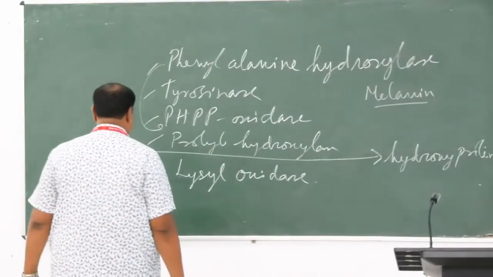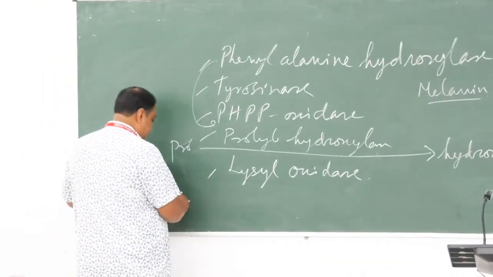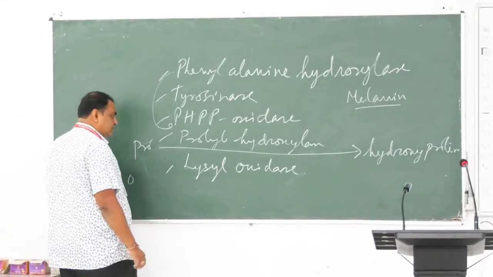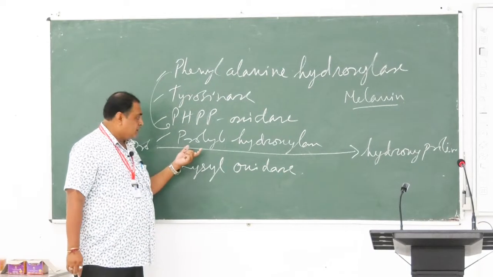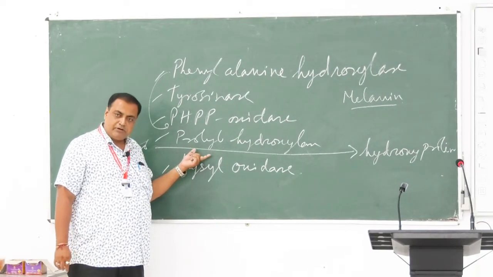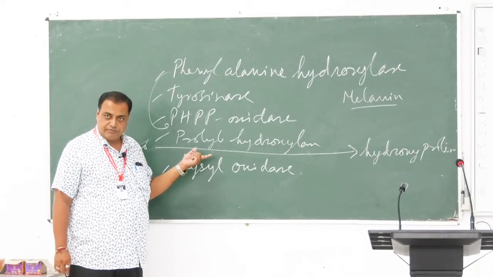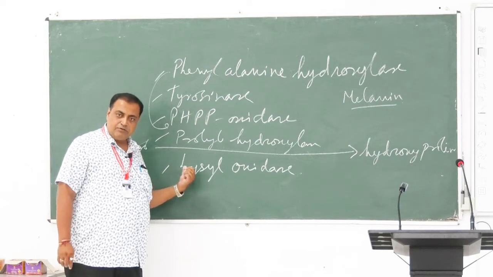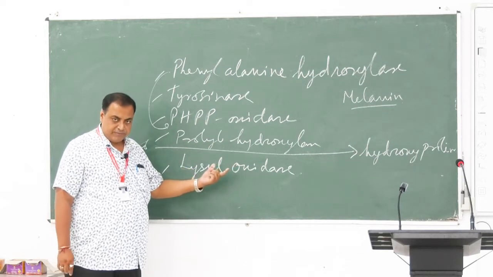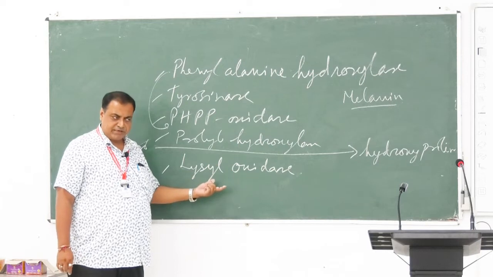Lysyl oxidase is another enzyme which converts. So, a question may be asked. Yes, there is another enzyme called lysyl hydroxylase also that will convert lysine to hydroxylysine. Okay, I did not write it because of repetition.